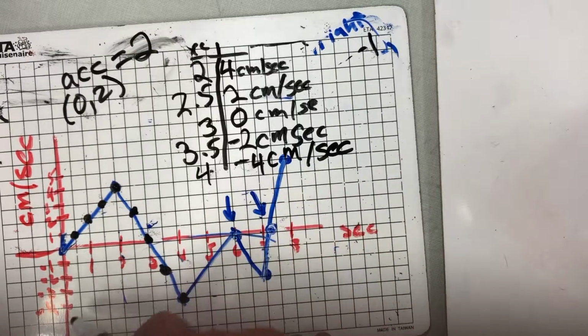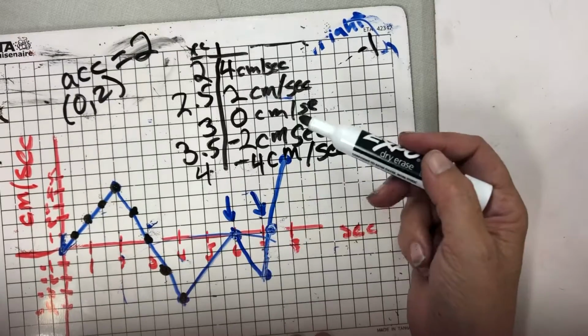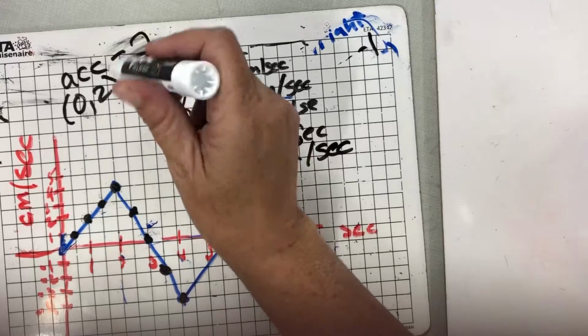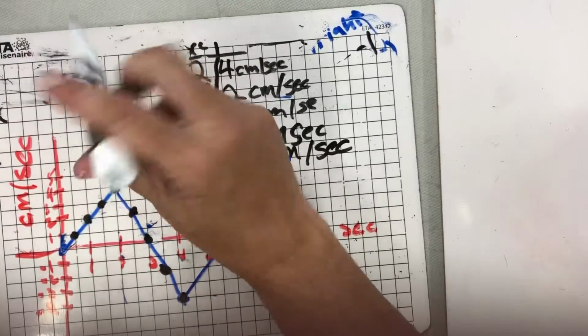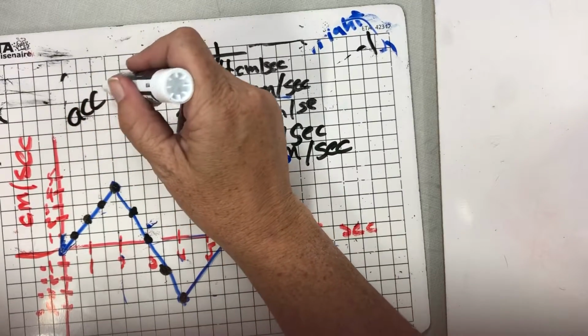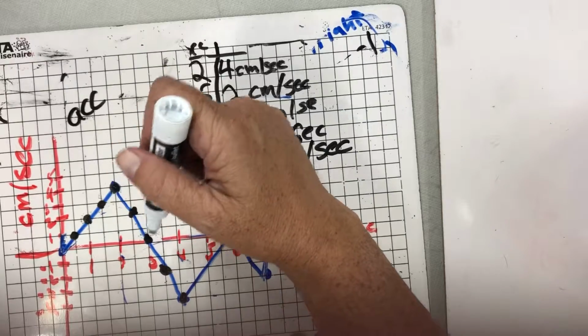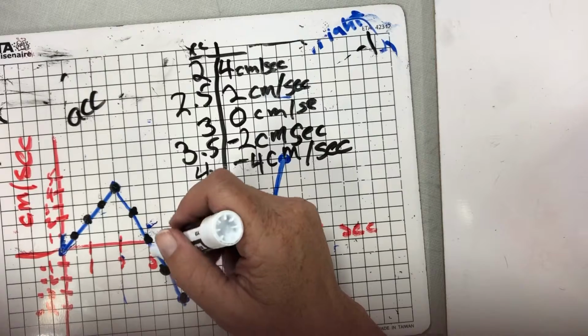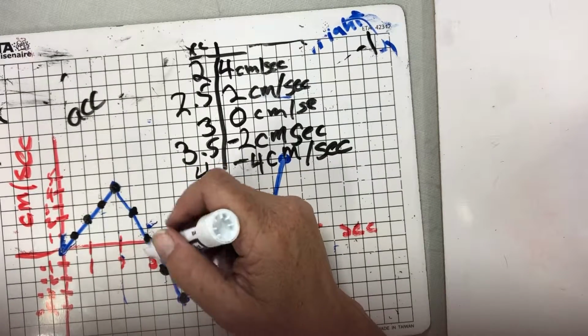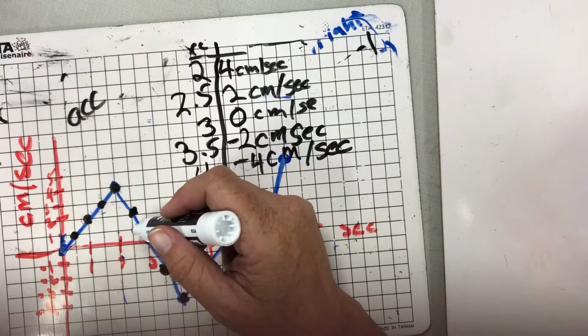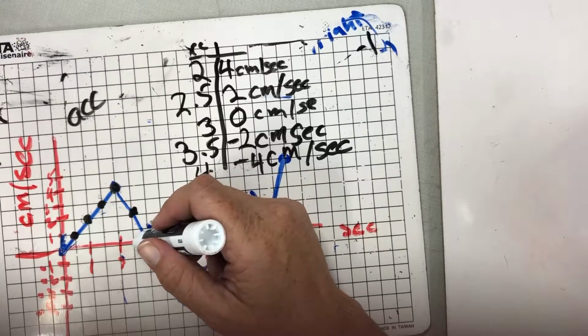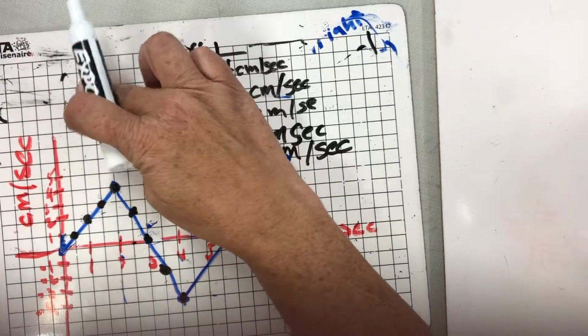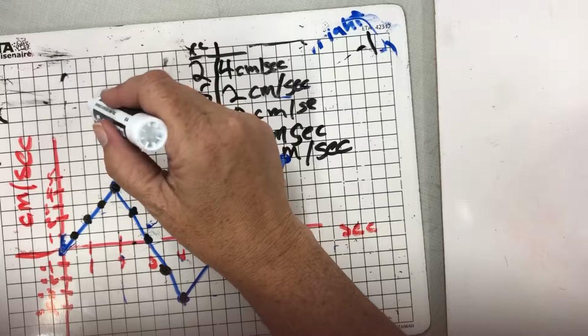Because this is a velocity graph, the y values are actually telling me the velocities. If I want the acceleration on the interval 2 to 4, I could just find the slope. In fact, I can look at the acceleration at any point here, and since it's linear, it'll be the acceleration for the whole thing. So let's look at the acceleration at t equals 2.5.